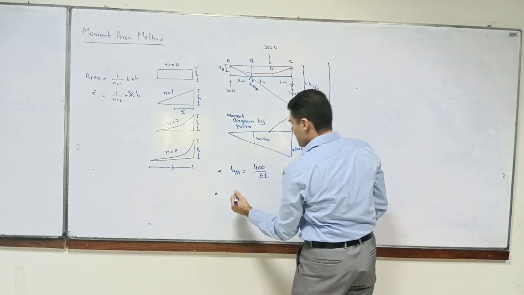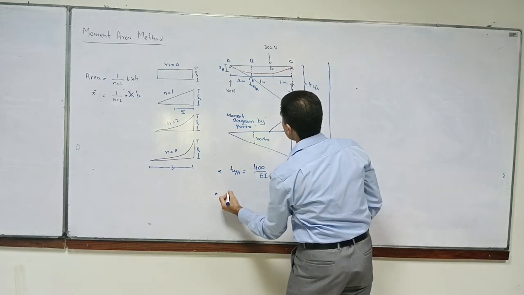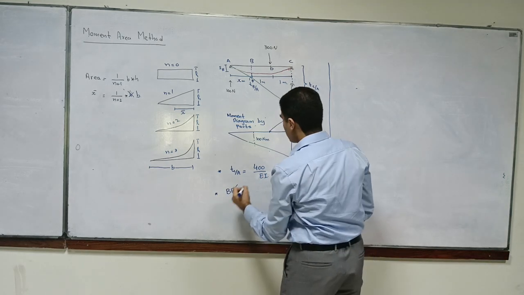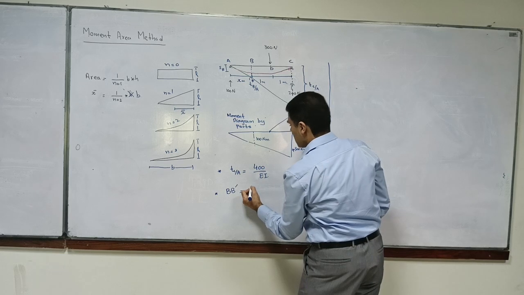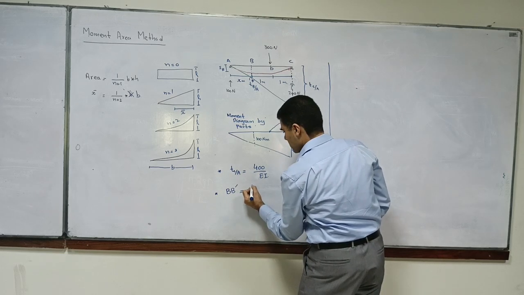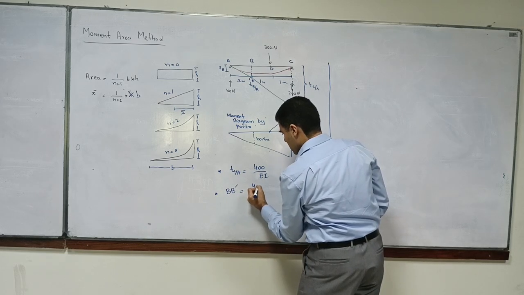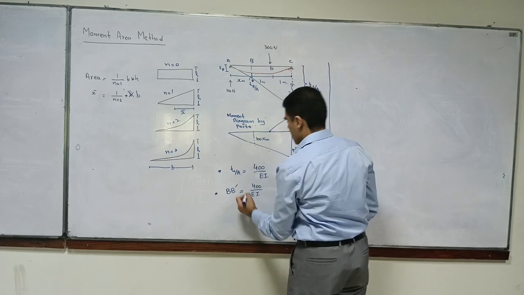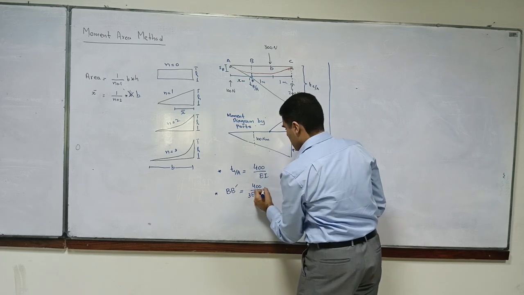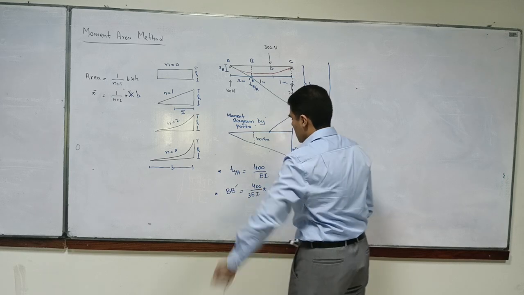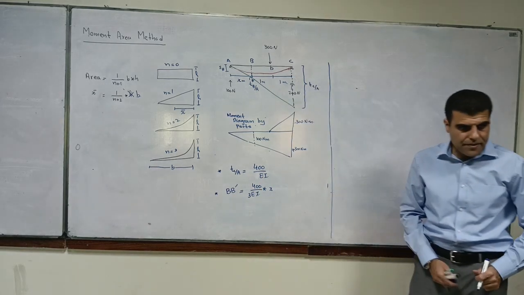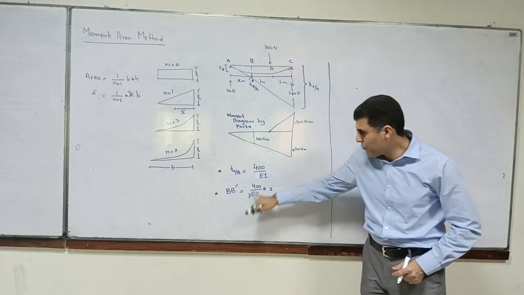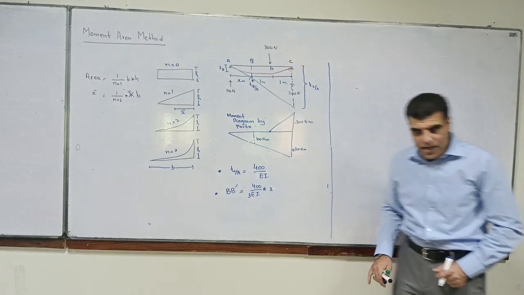So by similarity of triangles, BB prime would be 400 by 3 into x.